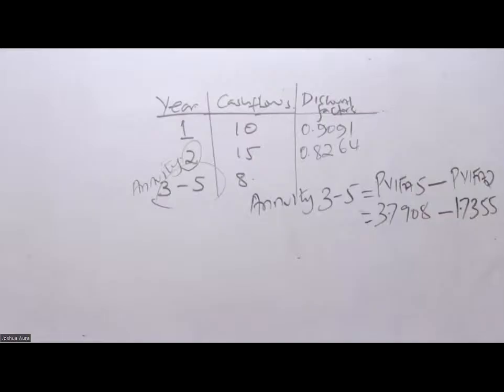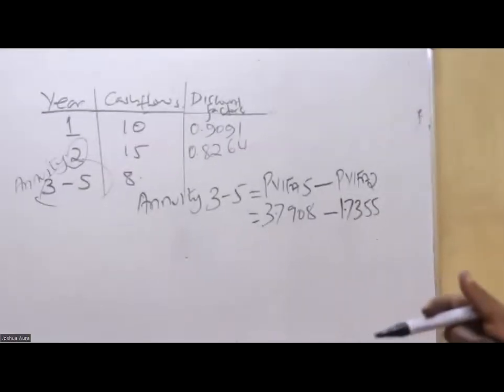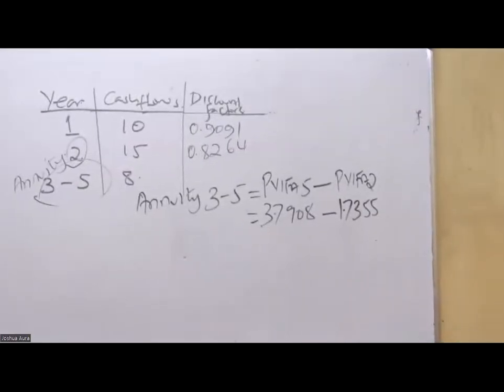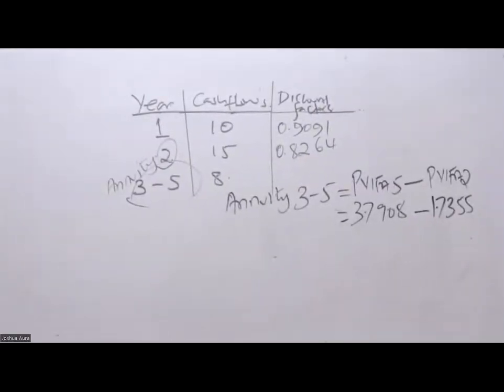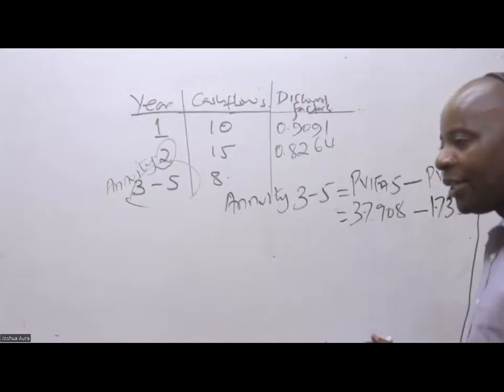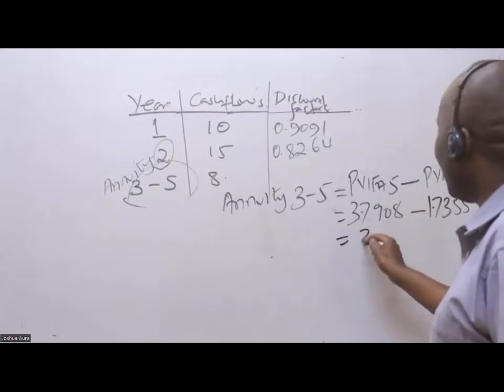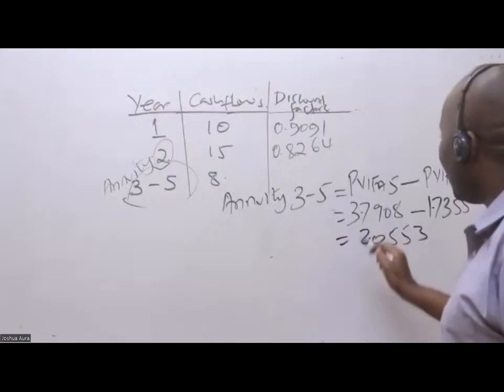Could you kindly then subtract? Tell us what we are getting there as the annuity from year 3 to year 5. They're telling me it is 2.0553.